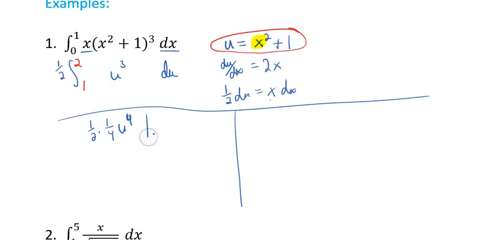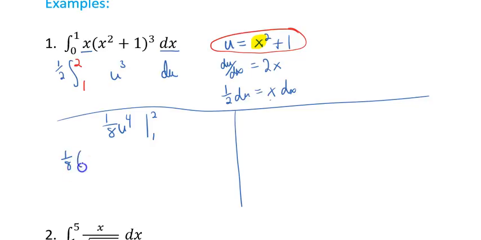And I'm evaluating from our u limits 1 to 2. I'm not changing or plugging my x's back in. So I'm going to change that 1/2 times 1/4 and make that 1/8. Again, I'm keeping the u limits because I'm keeping the variable u, and all I have to do here is plug in, like I use the fundamental theorem.